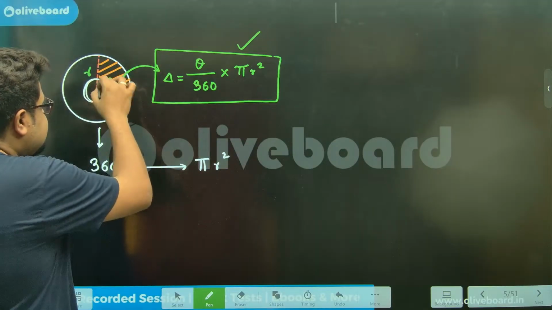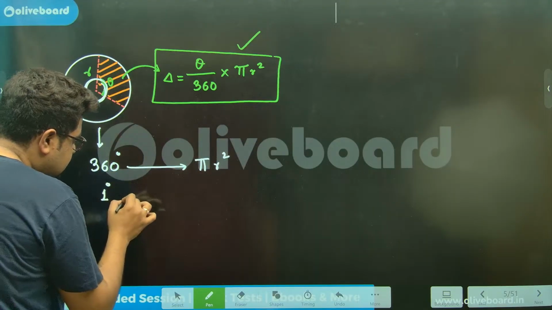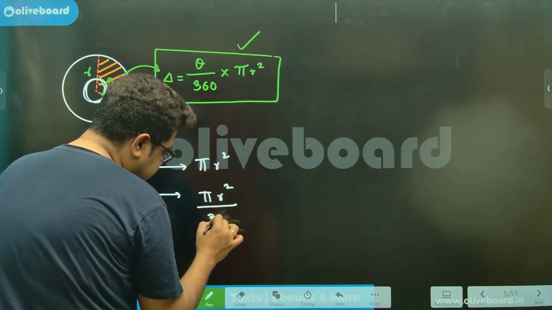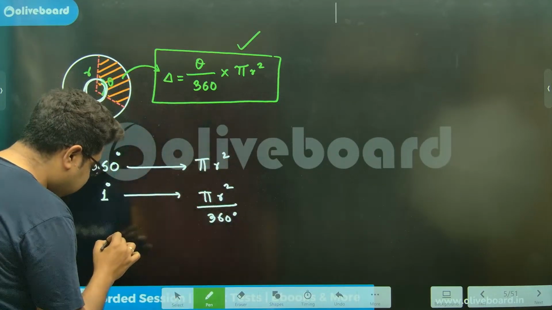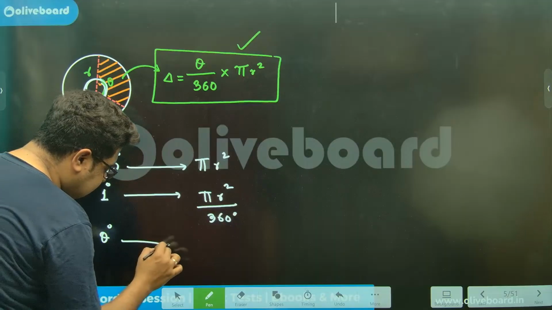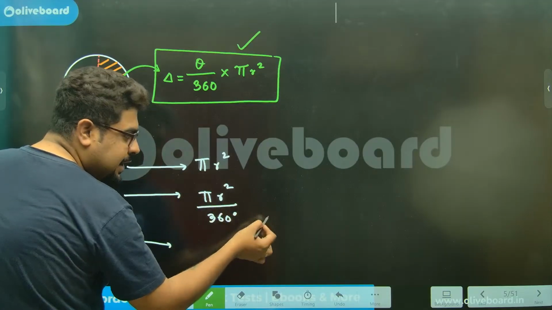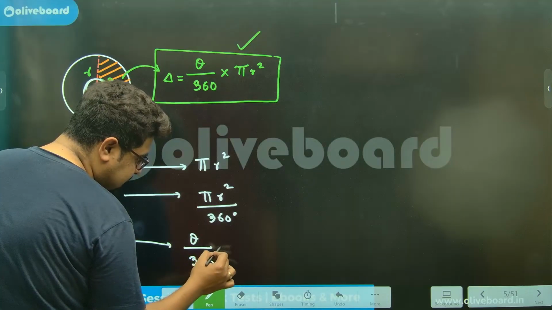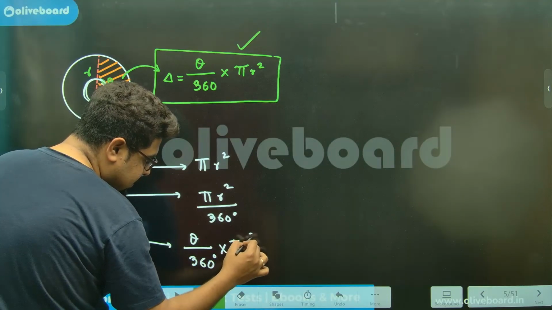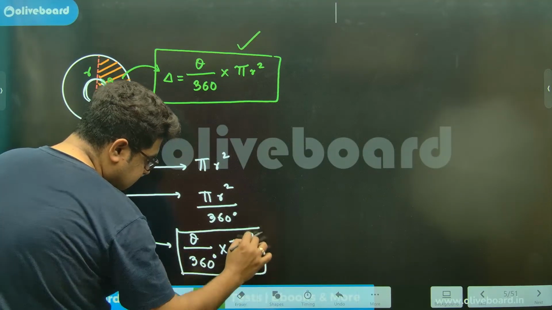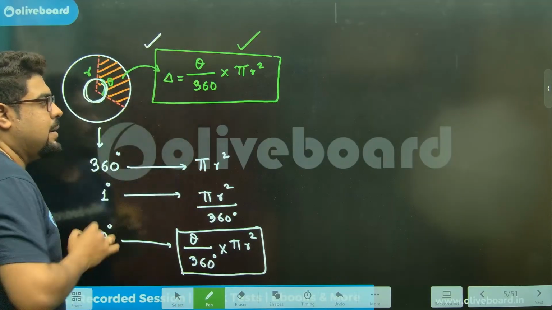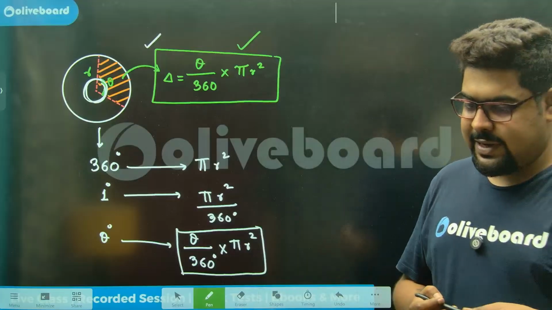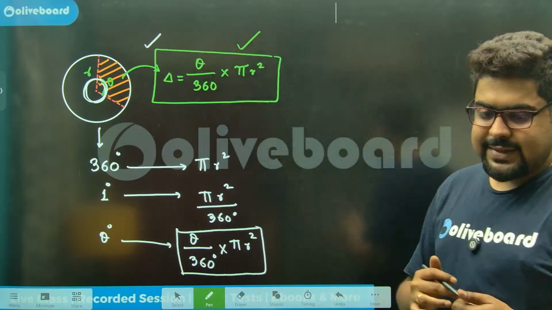So if my sector angle is 1 degree, this is pi r square by 360. If my sector angle is theta degrees, this will be into theta. I can write this a little better like this, and that is the formula. We will go a little deeper into this formula as well, but for the time being, keep it like this.